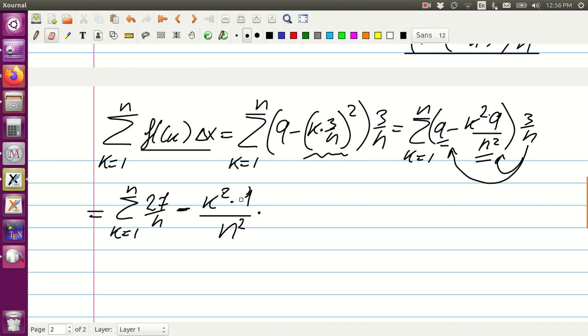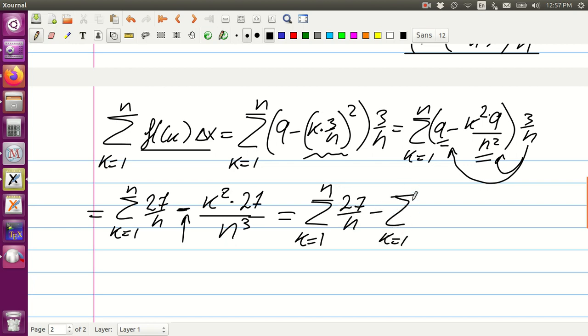If we take 9 and multiply by 3, we're going to get 27. And if we take n squared and multiply by n, we're going to get n cubed. And so that's what we get. Since we have a minus in between, we can split it and write it as two different sums. All right, so we have 27 over n minus the sum, k goes from 1 to n, k squared 27 over n cubed.